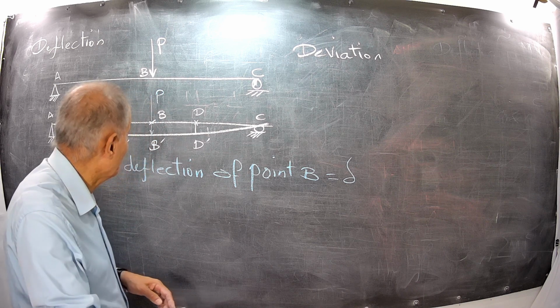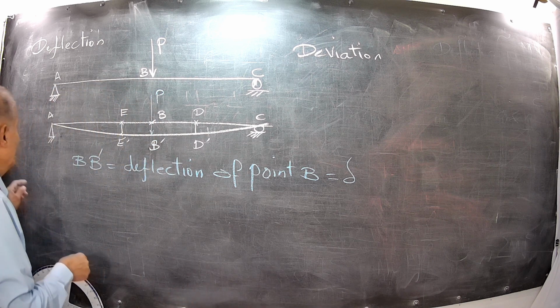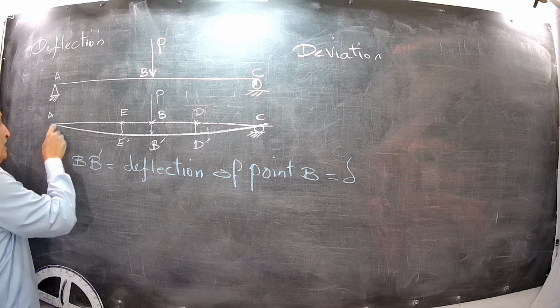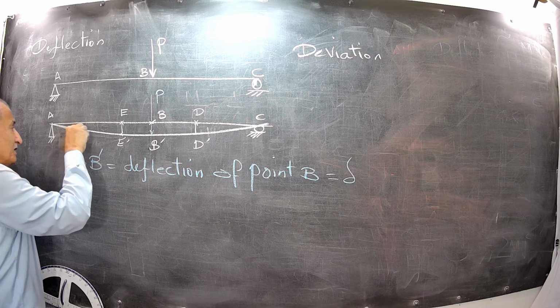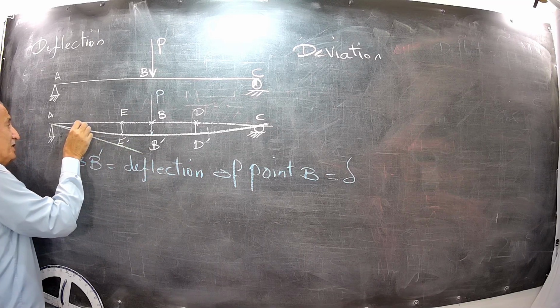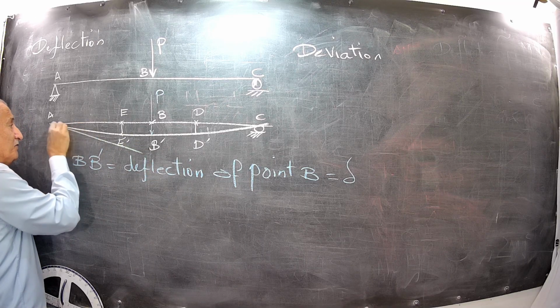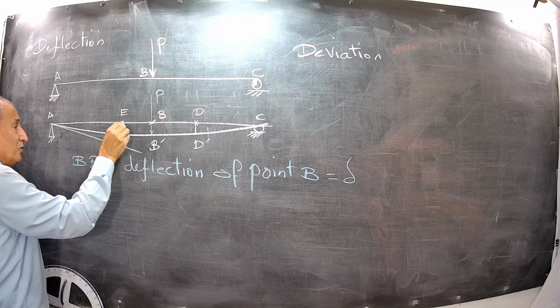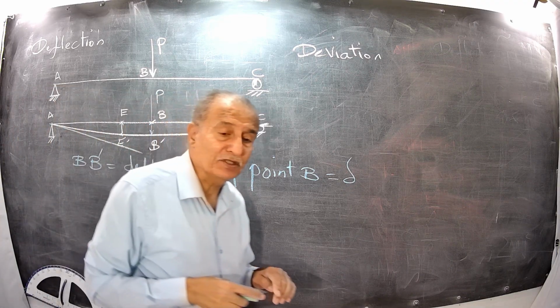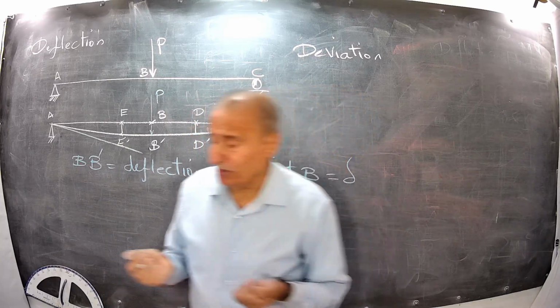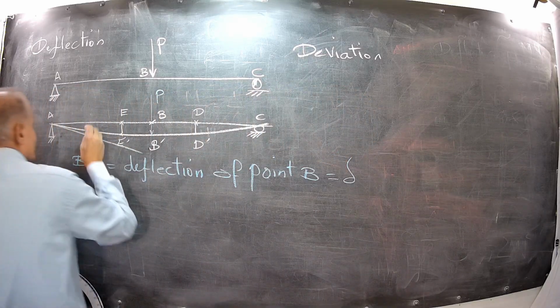If you consider point A and I draw a tangent at A, this means there is an angle between the straight line original position or configuration of the beam and the tangent after deflection.